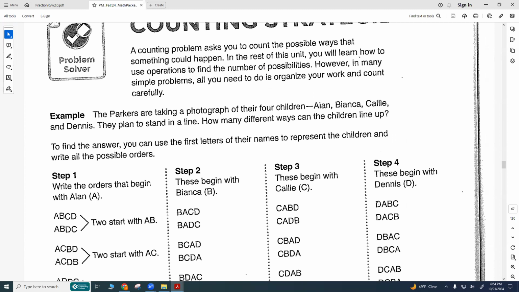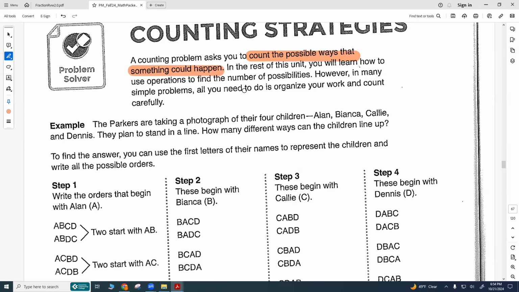So a counting problem asks you to count the possible ways something could happen. Okay. And so that's where we're going to start.